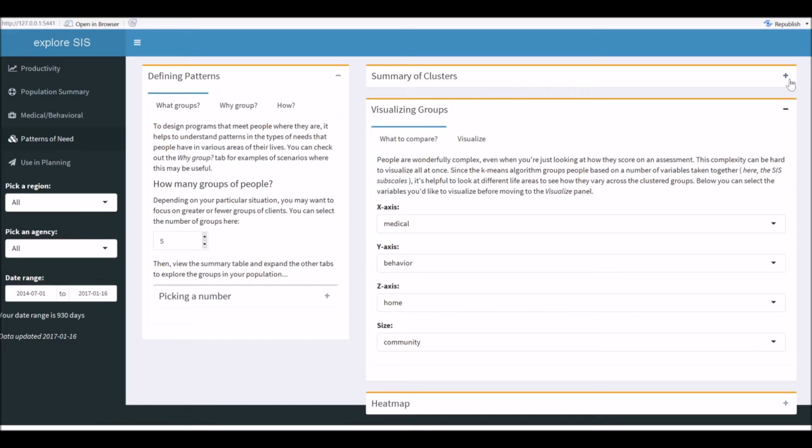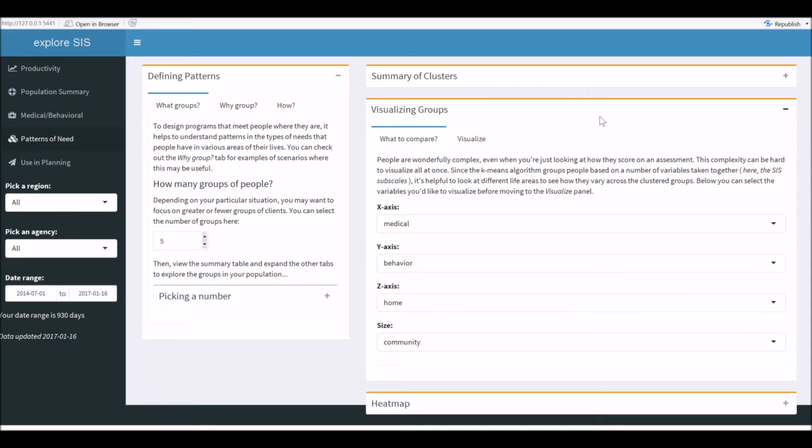Okay, so when we're trying to visualize these groups, you'll recall I said that those clusters of different patterns of need were made across 9 different dimensions, right? Those 9 dimensions are each of those subscales. It's really hard to visualize 9 dimensions at the same time and to keep that all in your mind.